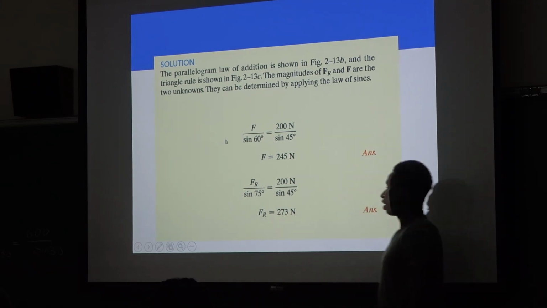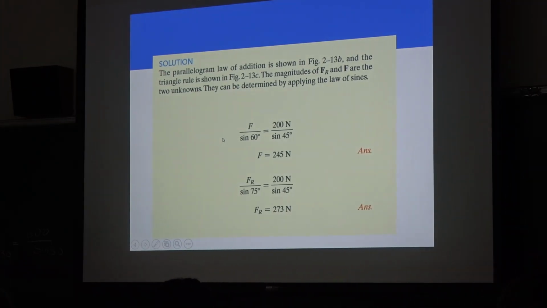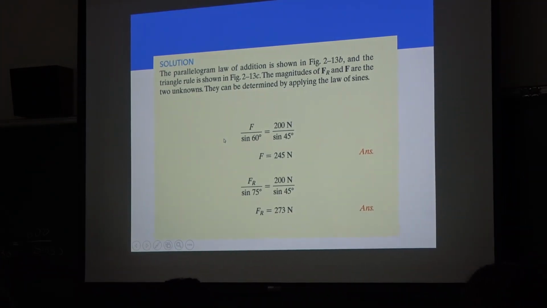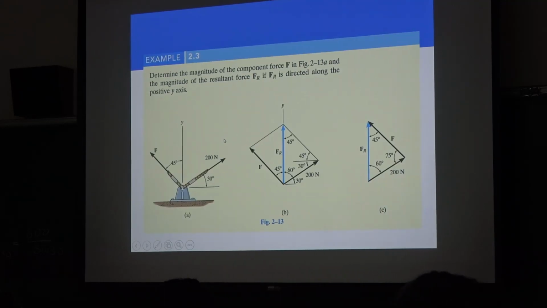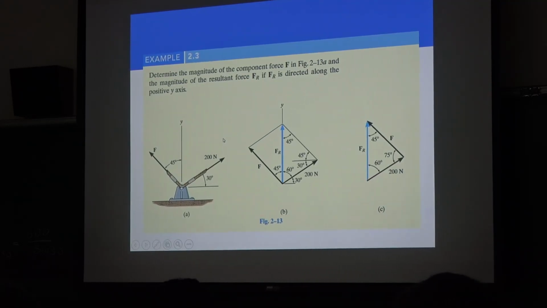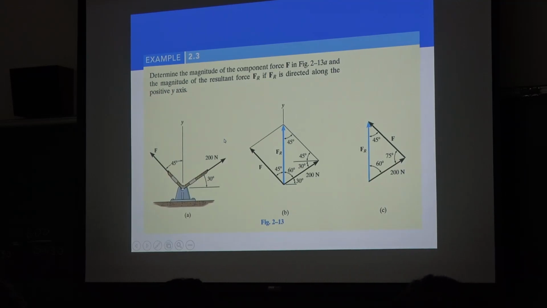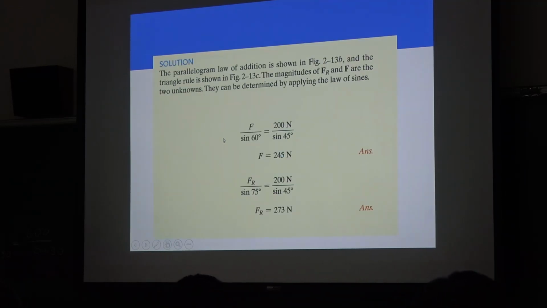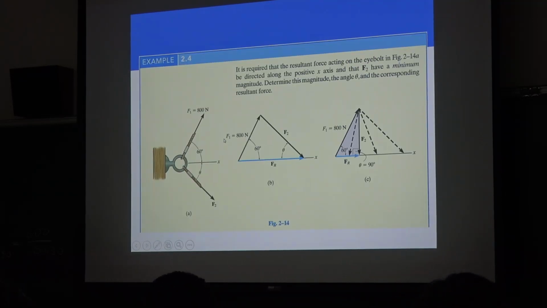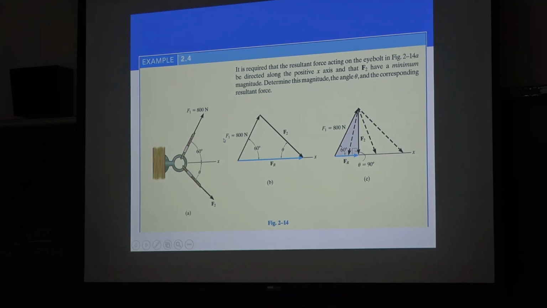So we get the FR, that is the resultant force FR, okay? And yeah, pretty much does it. And you can see here also is typically the same problem. If you go through it, you can just find the same solution.